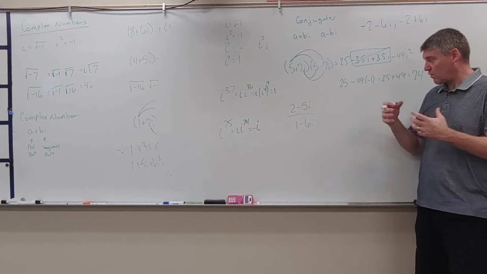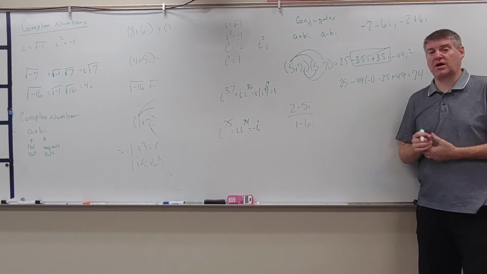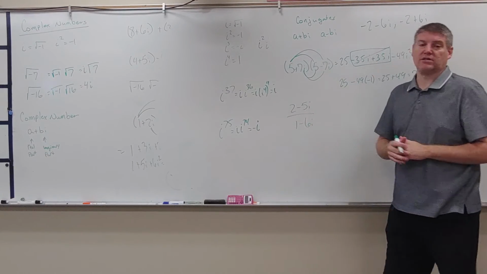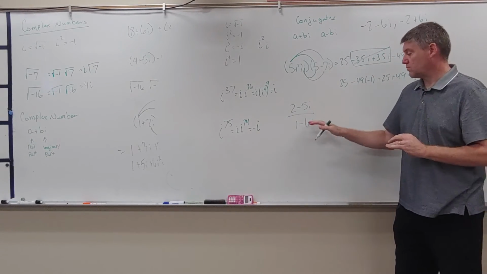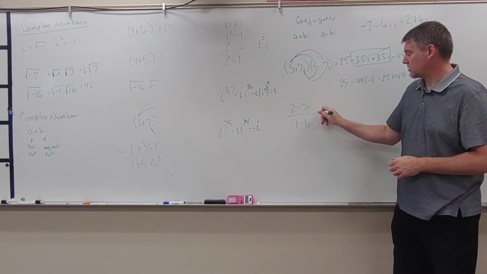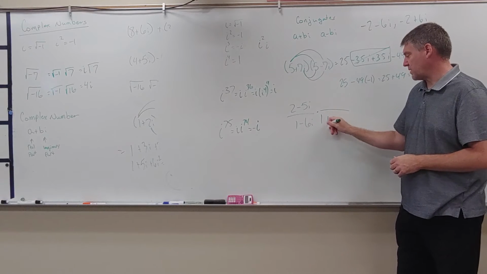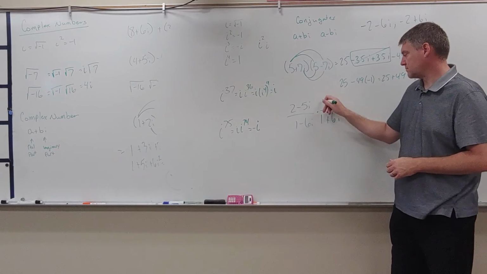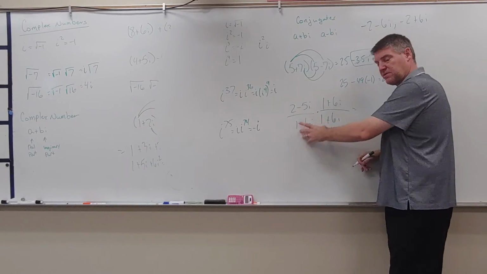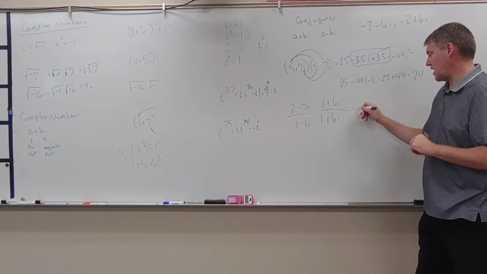Okay? Well, this is a good thing to know about conjugates because remember, we want to be able to rationalize our denominator here. So because i is a square root, we don't want to leave a square root in our denominator. So when we're dividing, we're going to multiply by the conjugate. Because that's going to get that imaginary piece out of my denominator.